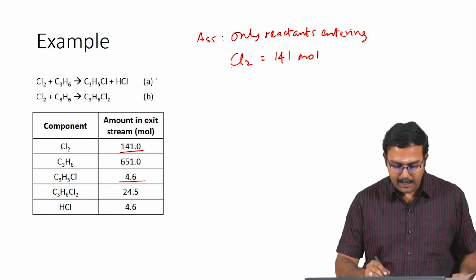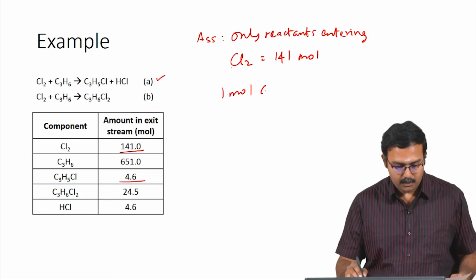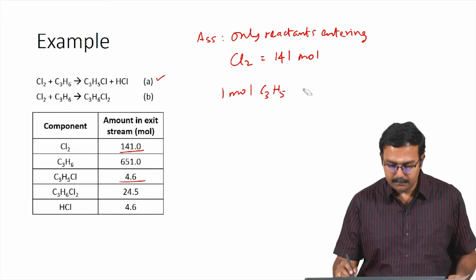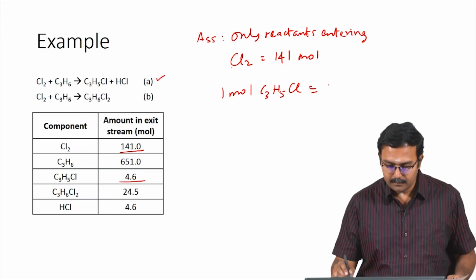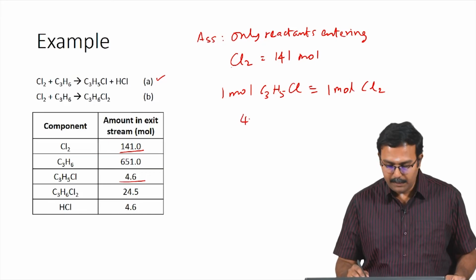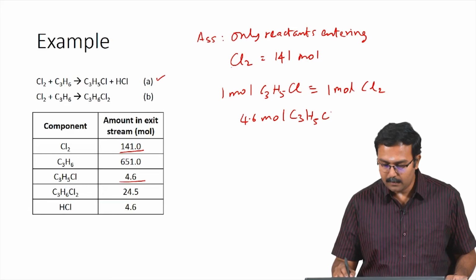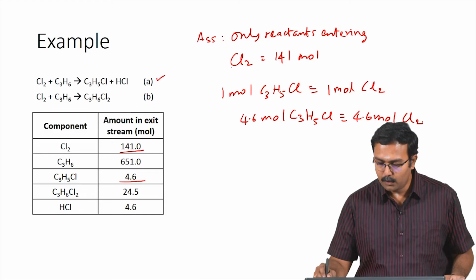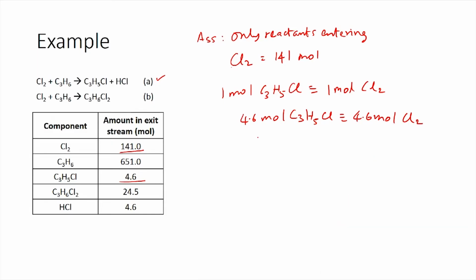From the reaction A, we know that 1 mole of C3H5Cl is produced by 1 mole of chlorine. So, this means 4.6 moles of C3H5Cl was produced by 4.6 moles of chlorine. So, in the first reaction we know that 4.6 moles of chlorine has actually been consumed.